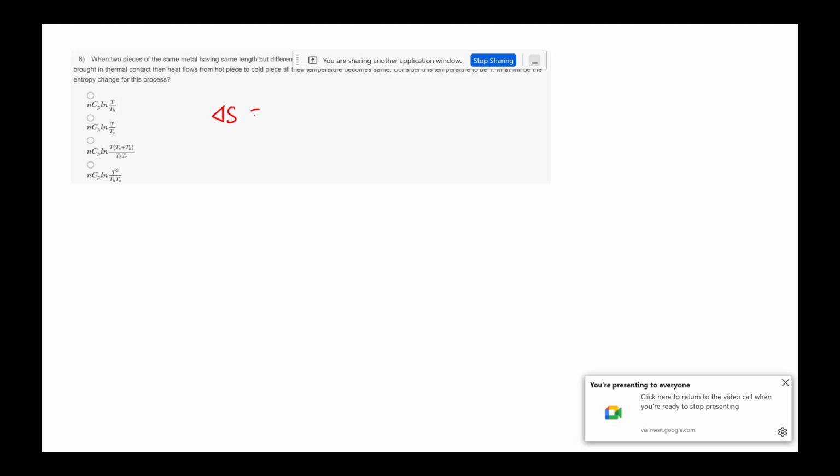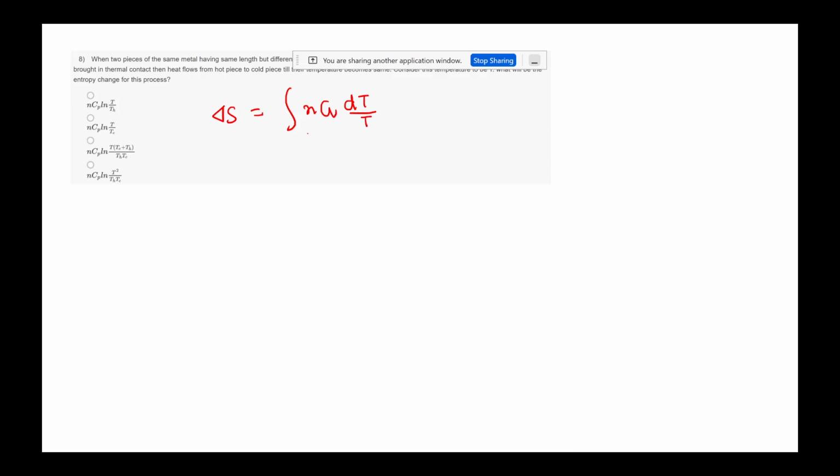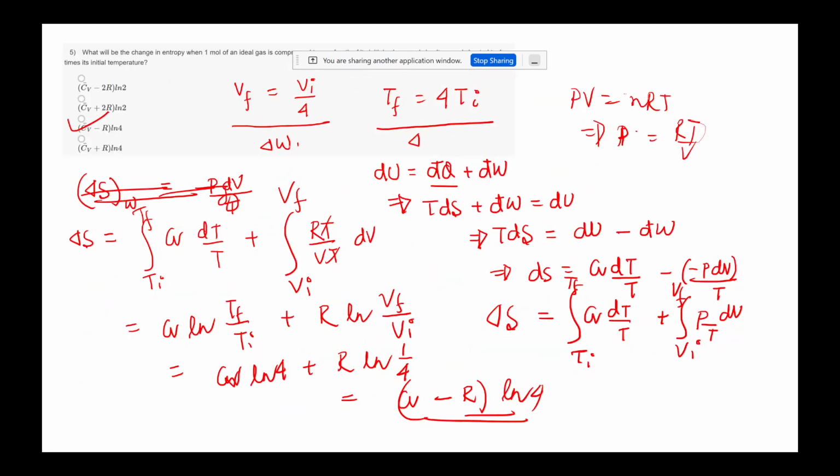delta S is n CV dT by T. Let me go to the expression from before. So the expression was CV ln TF by TI plus R ln PF by PI.